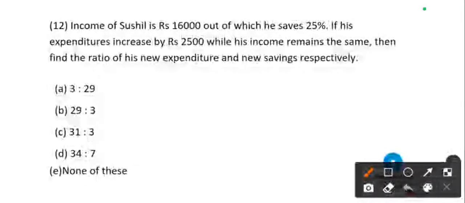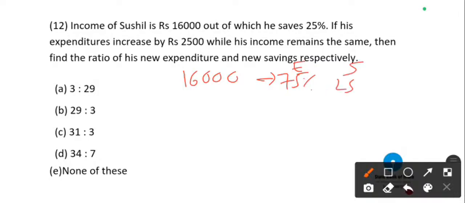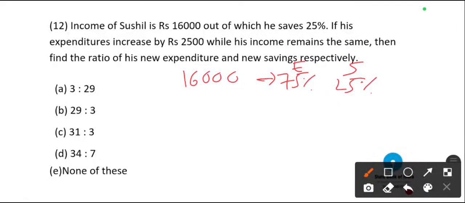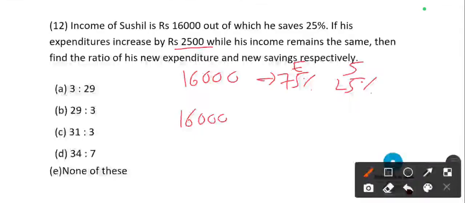Income of Suhil is 16,000, out of which he saves 25%. So 75% of his income is his expenditure and he saves 25% only. If his expenditure increases by 2500 while his income remains the same, what is his new savings?